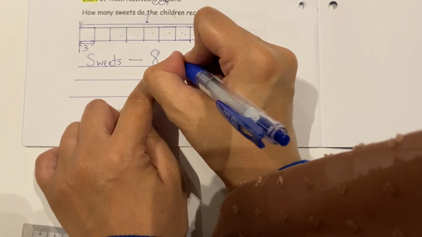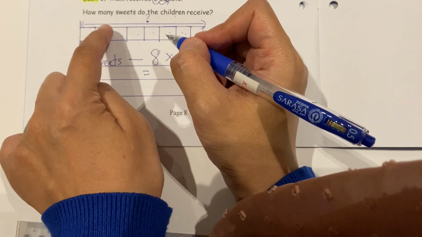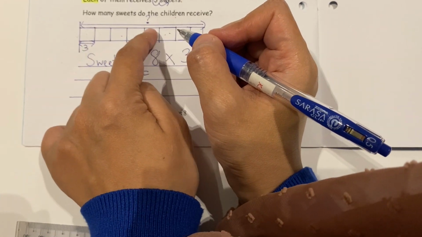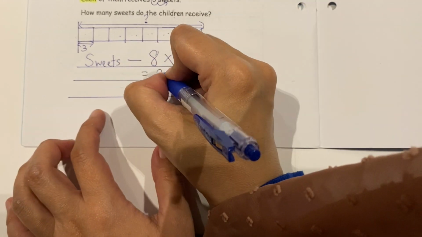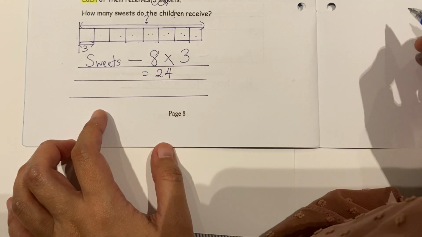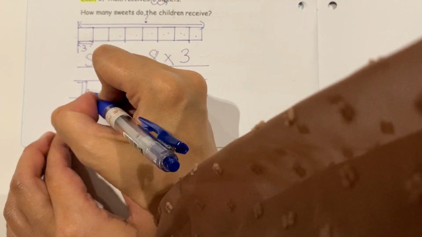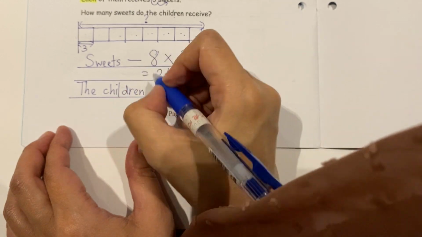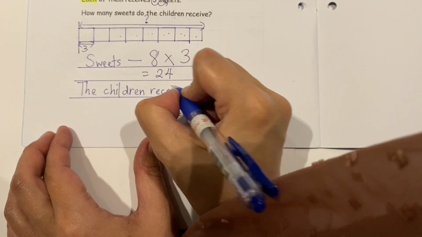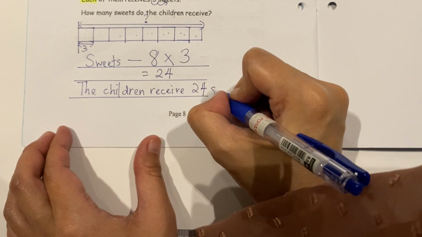That means 8 groups of 3, and that's 3, 6, 9, 12, 15, 18, 21, 24. 24 sweets. How many sweets do the children receive? So the children receive 24 sweets.